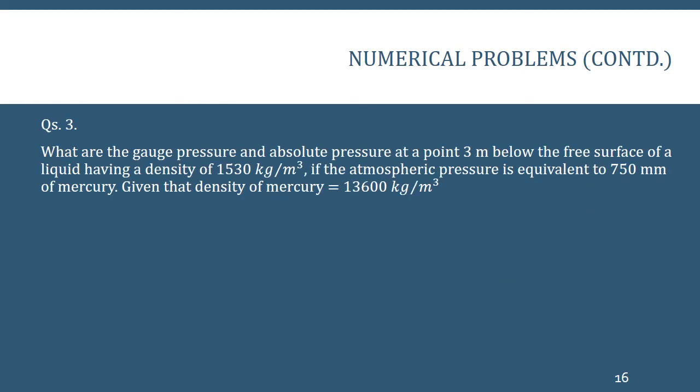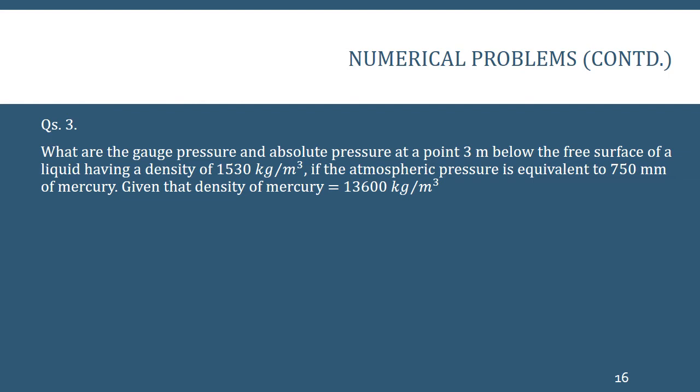Third question is, what are the gauge pressure and absolute pressure? This time absolute pressure is also being asked. At a point 3 meters below the free surface of a liquid having a density of 1530 kilogram per meter cube, if the atmospheric pressure is equivalent to 750 mm of mercury, given that density of mercury is 13,600 kilogram per meter cube.